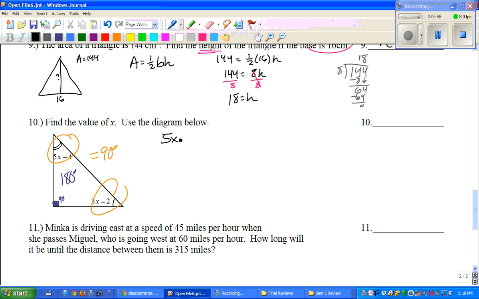So if you set them equal, 5x minus 4 and 3x minus 2 equal to 90 degrees, we can go through and solve, okay? You need to combine your like terms. And you get 8x minus 6 equals 90.